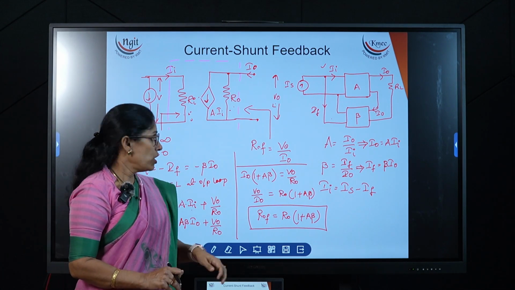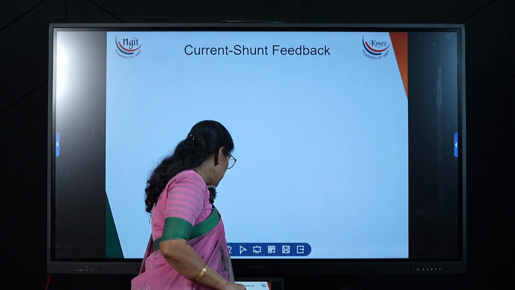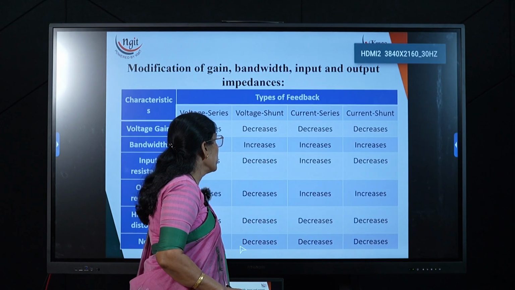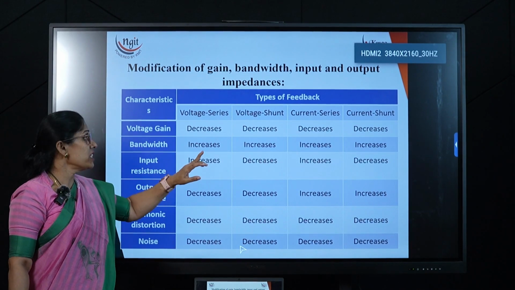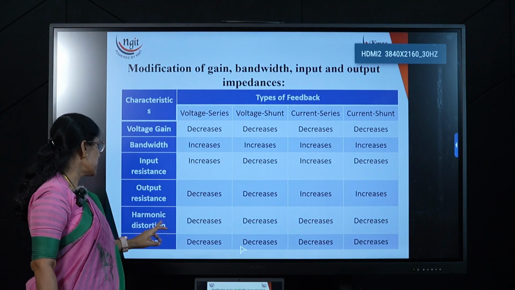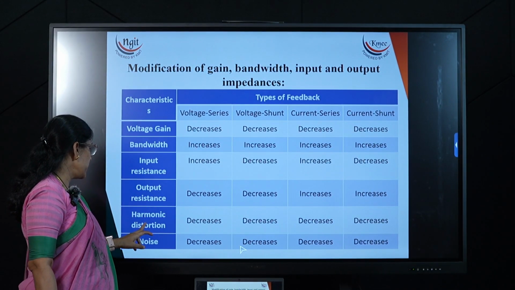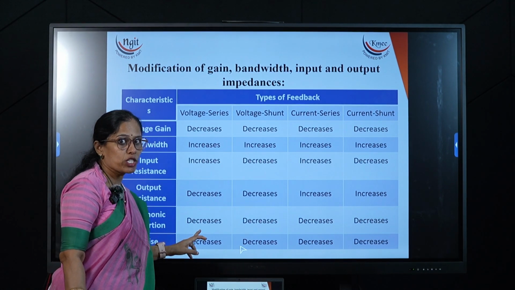Now if you see all the parameters, the effects of all parameters once again are given here. Gain will reduce in all the cases, and bandwidth increases in all the cases. Distortion will be reduced; if the gain is reducing, distortion will be reduced and noise will be reduced.